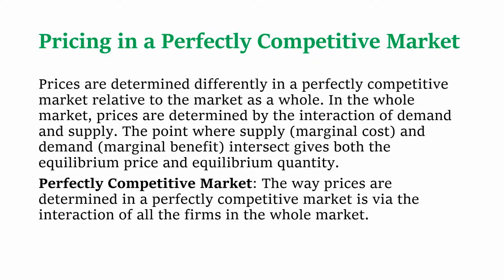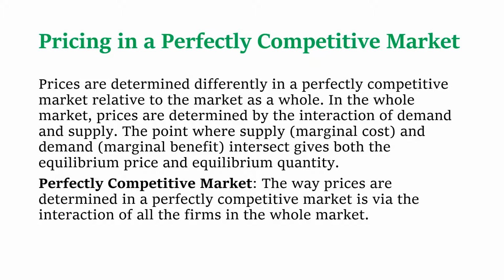Similarly, if it decides to sell below the equilibrium price or the prevailing market price, what will happen is it will go out of business because it is not making economic profit. It is not profitable to sell below the market price.